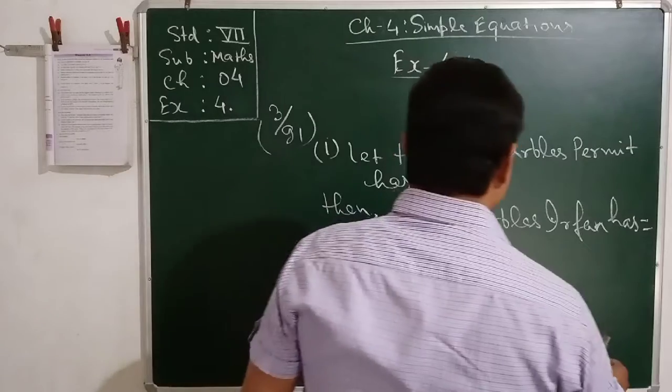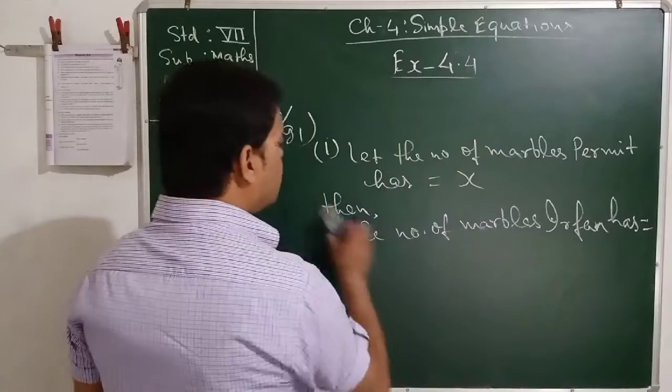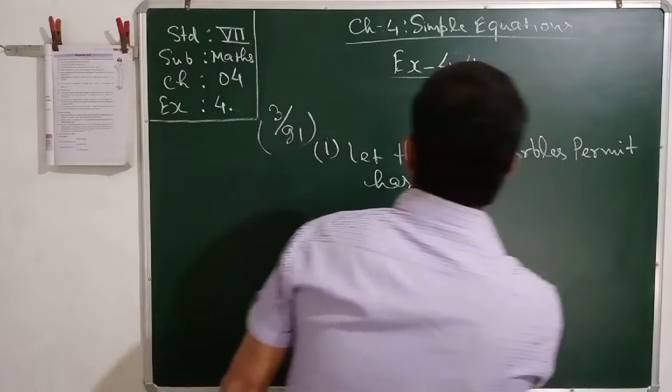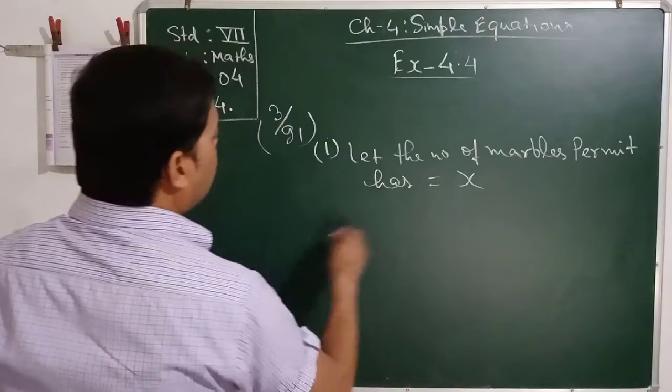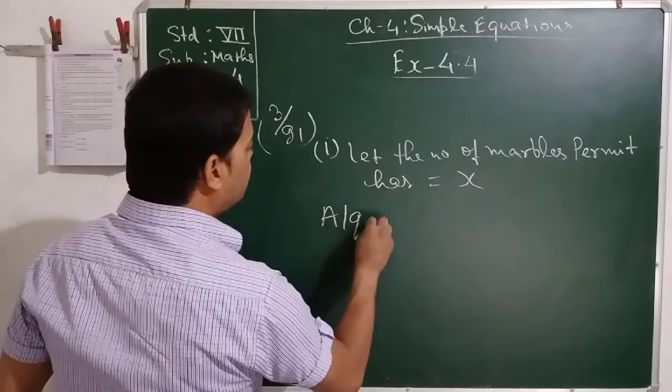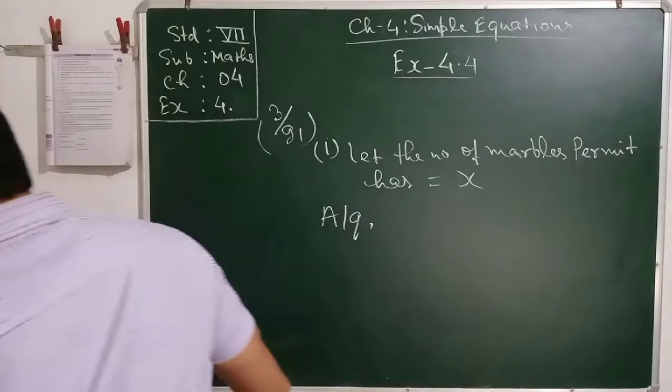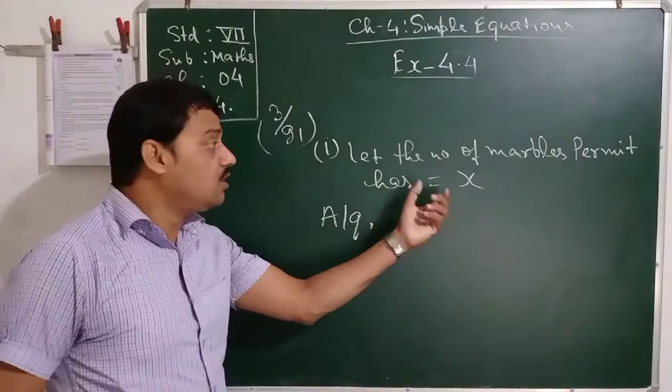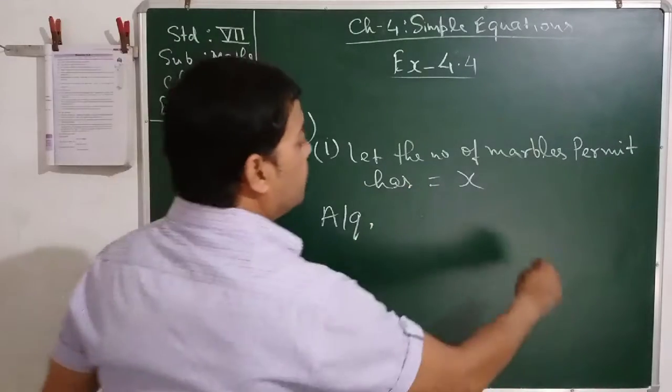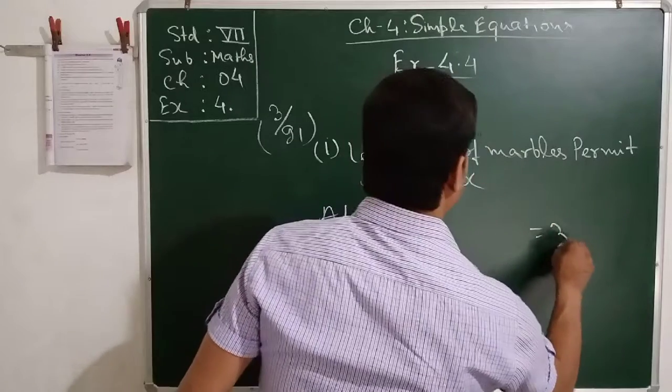We are only asked to set up the equation. According to the question, directly we can write here. We don't need to write the number of marbles Irfan has, because it is given there, that is 37.